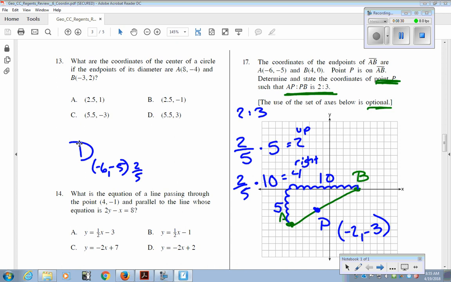So if you want to do it algebraically, what you're going to have to do to set up the coordinate for that, you take the first values, the -6 and the -5, and then you're going to add that to the scale factor, and then in the parentheses, you're going to put the run and the rise.